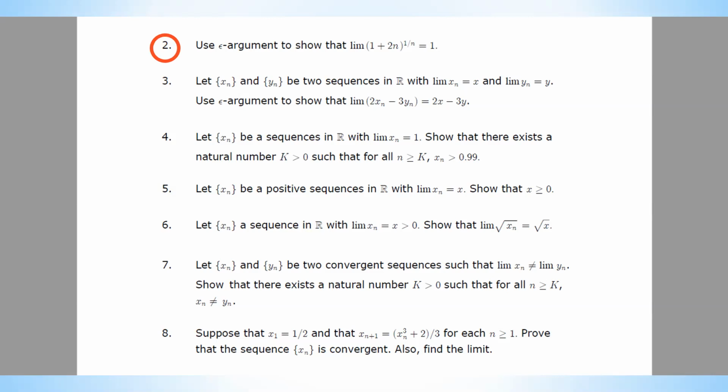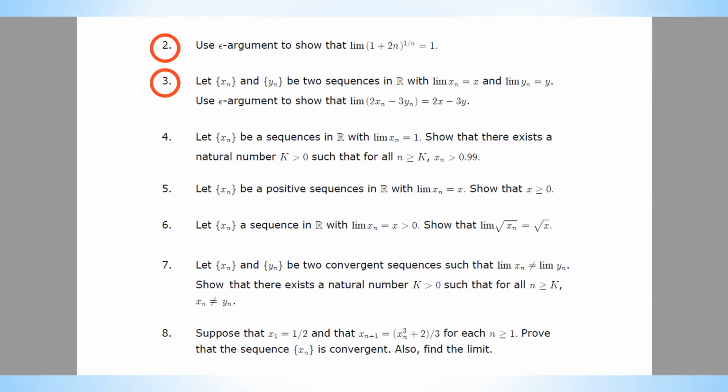For the number 2 problem, the problem will be slightly different, but it has to be handled in a similar way, as we handle the homework problem, or the examples in the notes. So that's the one you have to prepare.